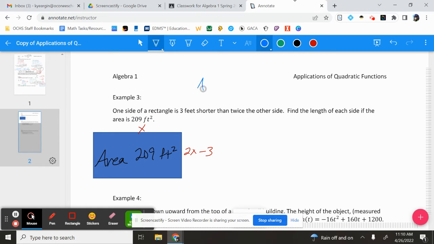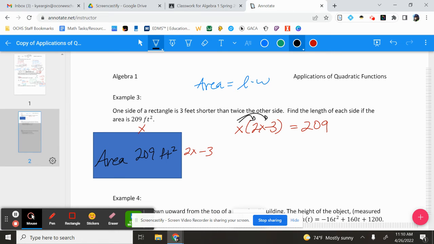We also have to recall that in order to find the area, this is length times width. So we have x times 2x minus 3. And that is going to equal 209. So we have some options of how you want to solve this.